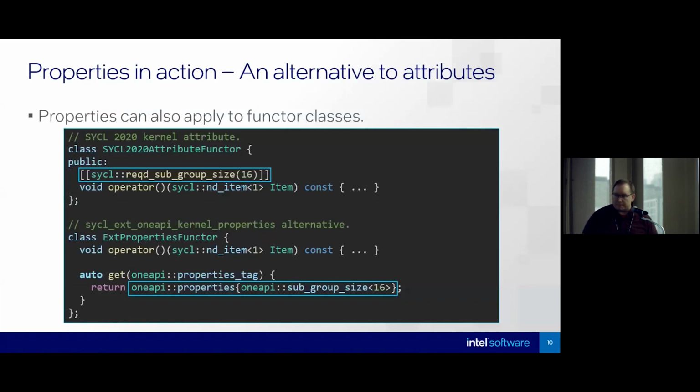It seems like this is what you're trying to emulate, and then you also would need this get member function as part of the API. I think it could be more intuitive if you just had a wrapper type that takes the property list and the kernel and then gives you that information. Potentially, yeah. This is just the first way we did it. There may be others.